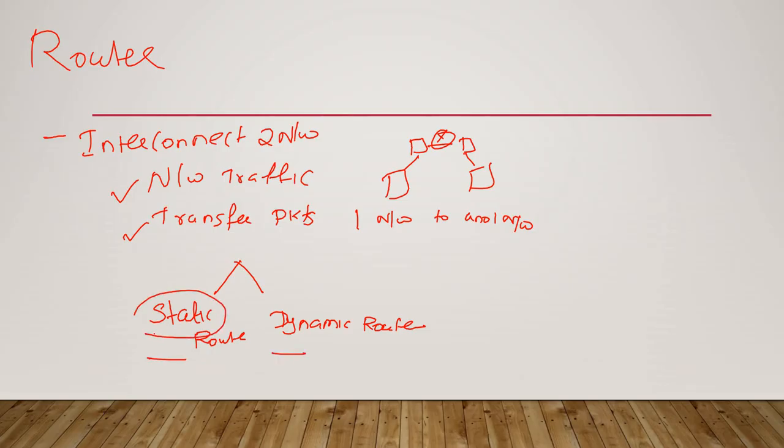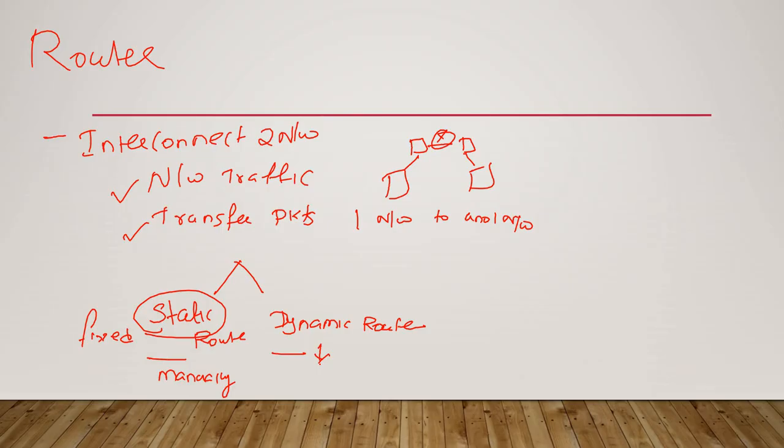Static, the name itself says it is a fixed one. All the paths and destinations, everything is fixed manually. That is called static routing. Dynamic, the name itself says it is going to change based on the situation.